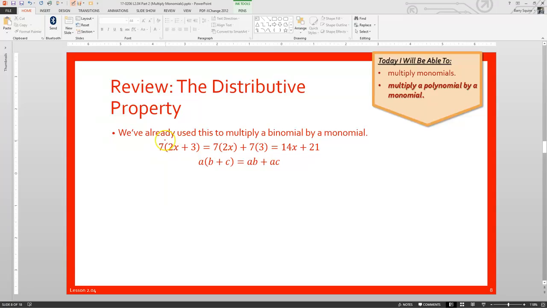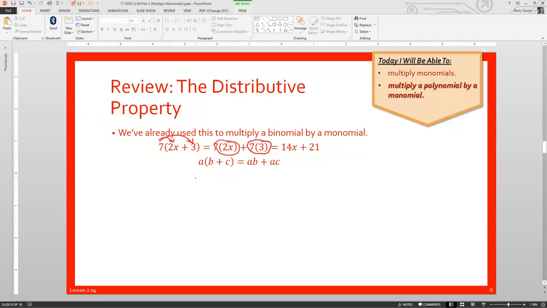So we rewrote this as, instead of a sum and a monomial multiplied together, we actually changed it into two monomials times monomials. So 7 times 2x, and then 7 times 3, which comes out to be, when we simplify, 14x and 21.